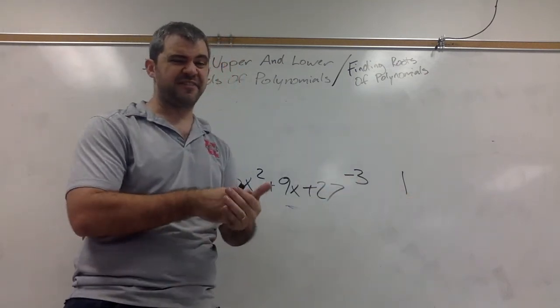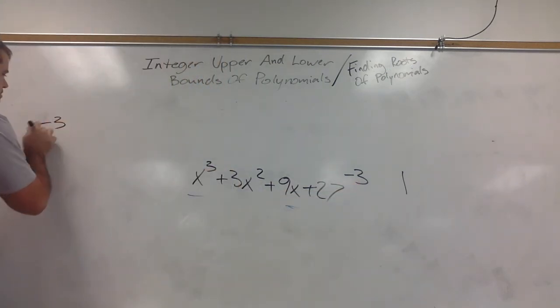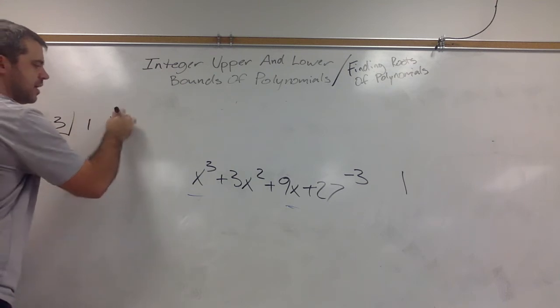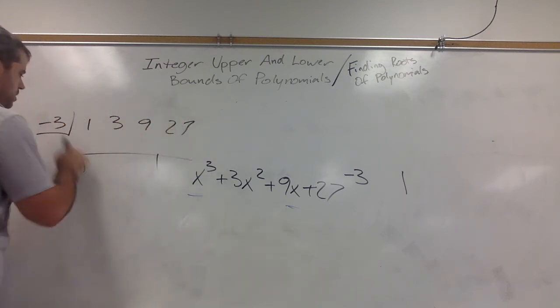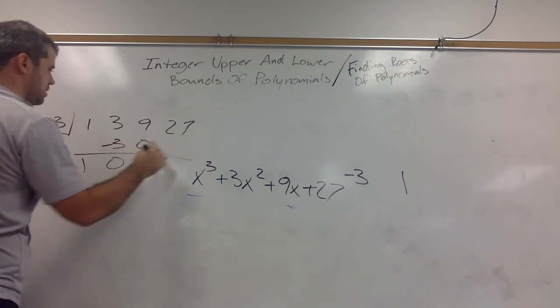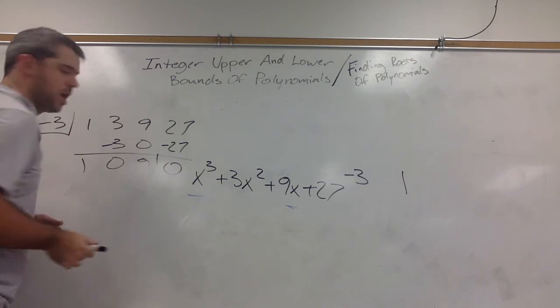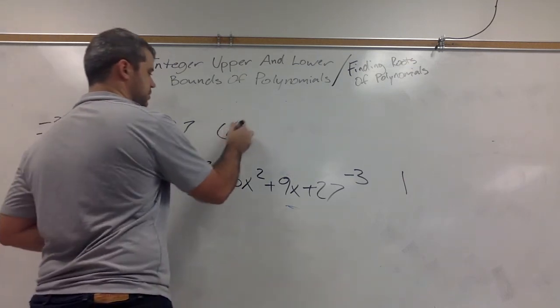And we accidentally found that negative 3 is a root. I don't think I made that real clear. Let me put this back up real quick. 1, negative 3, 0, 0, 9, negative 27.